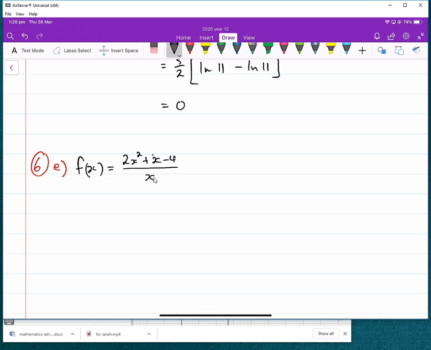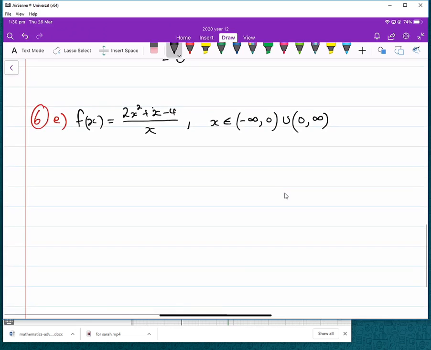So we would write that, I could write x is an element of negative infinite to 0 unioned with 0 to infinite. Okay, it can't be 0, so I've used the round brackets, and for the infinites we do the same thing. So that's what our x is an element of.